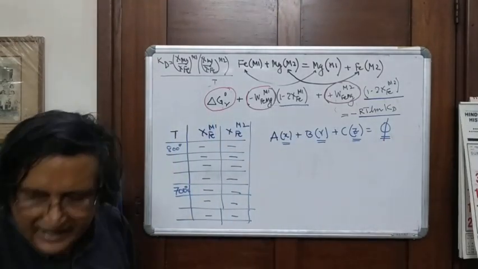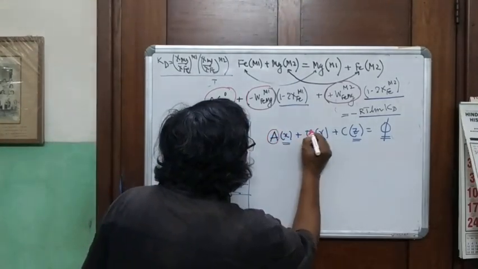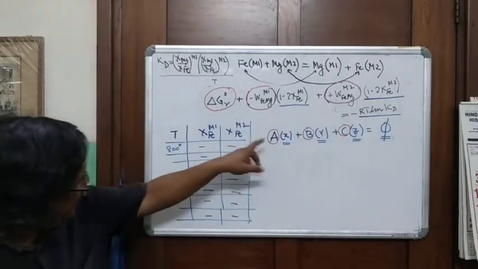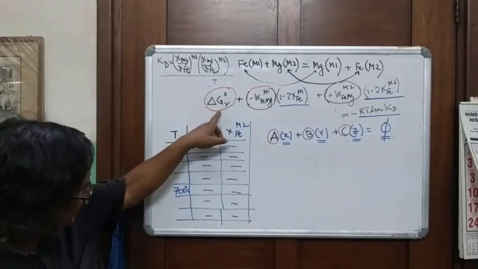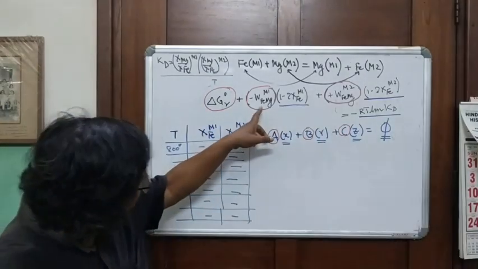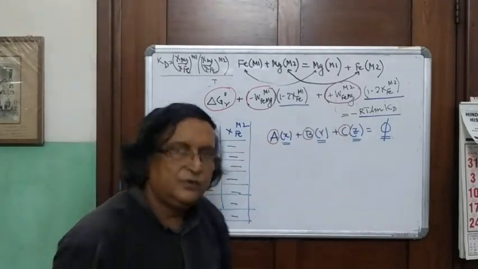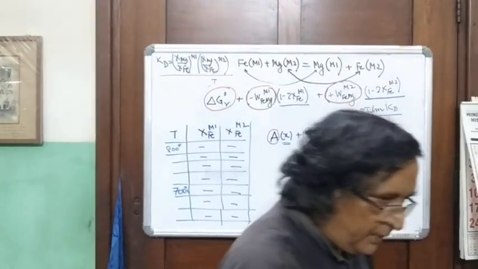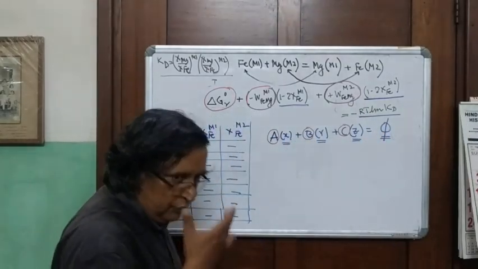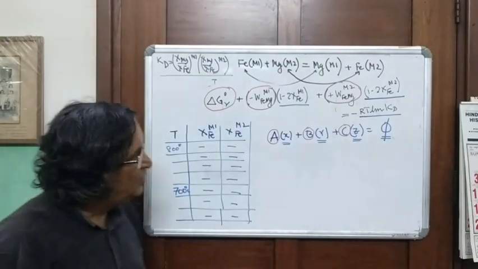We need to find out A, B, and C. What is A? Delta 0 R1, where X is equal to 1 always. And then we have WFEMG M1, which is B, and WFEMG M2, which is C. So we have an equation which we have to solve, and this is clearly a linear equation.